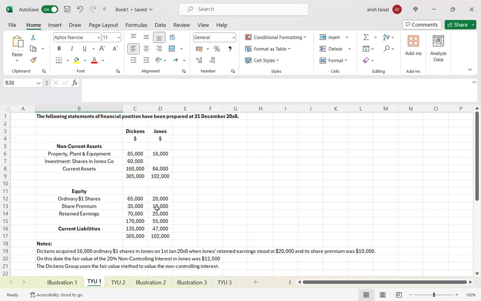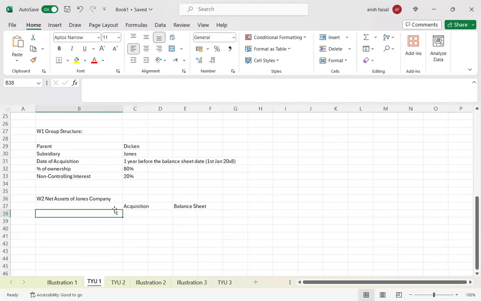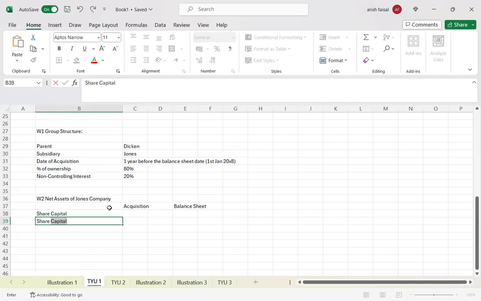So now for the balance sheet, it's quite simple. You can just simply copy and paste these three figures, which are 20, 10, and 25 for the share capital, share premium, and the retained earnings. So we have its share capital, we have the share premium, and we also have the retained earnings.